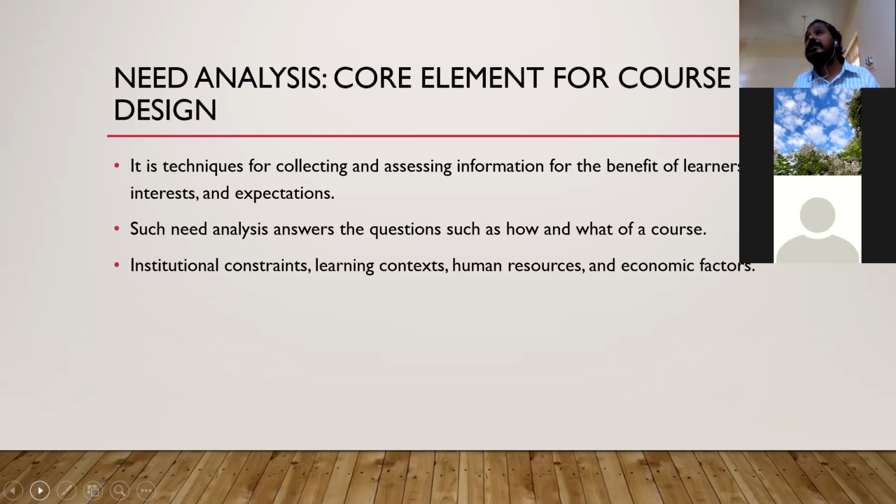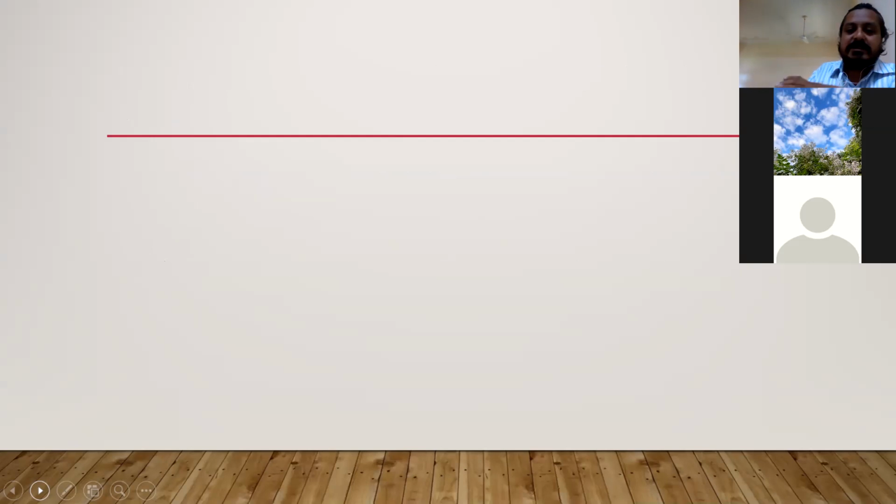The capacity of the institution may not permit it sometimes. The vision of the institution may not permit it sometimes. Although it's beneficial and institutions know it, still the institution has its own limitations. So when you conduct a need analysis, one has to consider this factor as well.